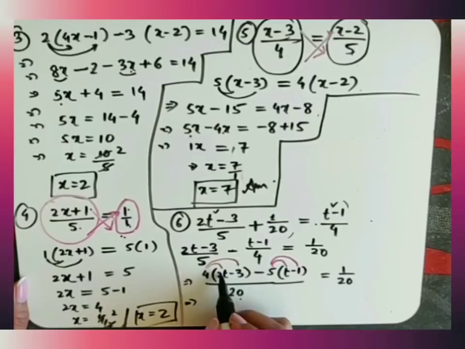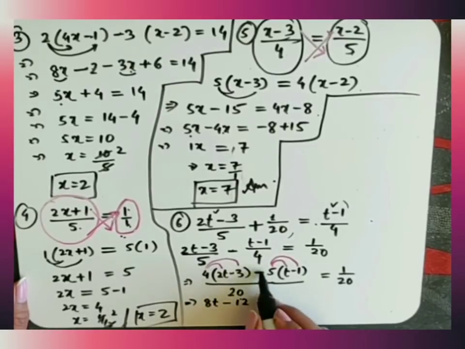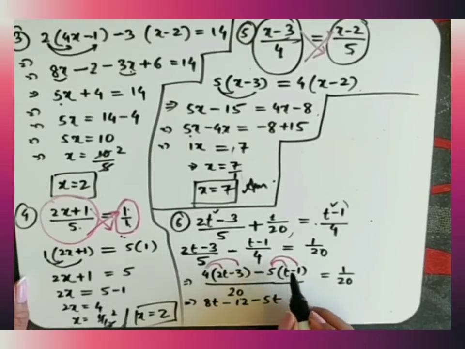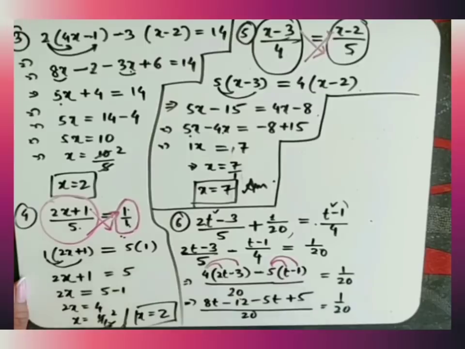So 4 multiplied by 2t is 8t, then 4 times minus 3 will give you minus 12, and then minus 5 times t is minus 5t, then minus 5 times minus 1 will give you plus 5, over 20 equal to 1 over 20.